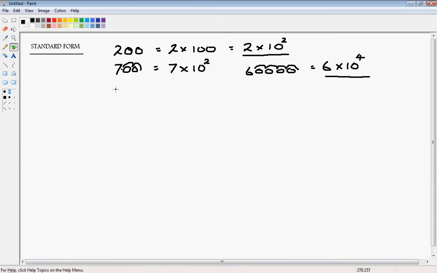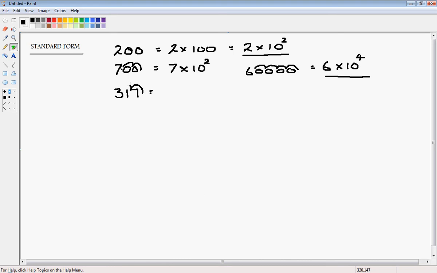Now if I had 317 and they said write this in standard form, my largest number is the 3. Okay, as my largest number in the last one was the 7, my largest number here was the 2. So we always go to the largest number, because remember we can only have one digit. So my decimal point is here.